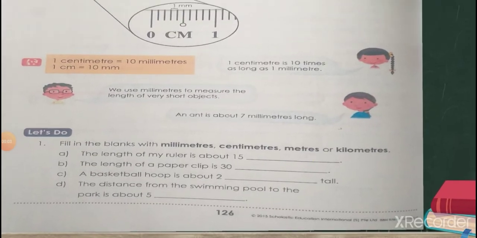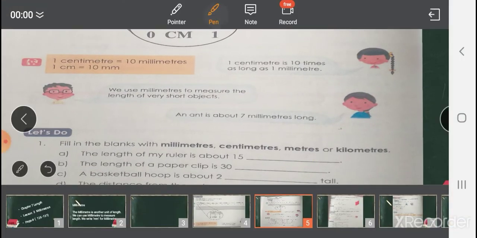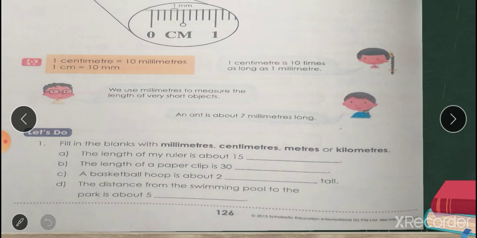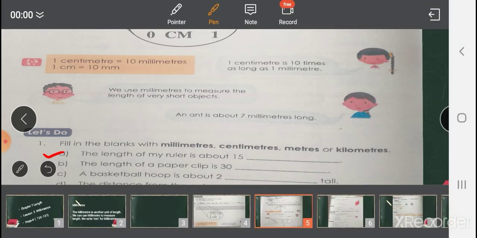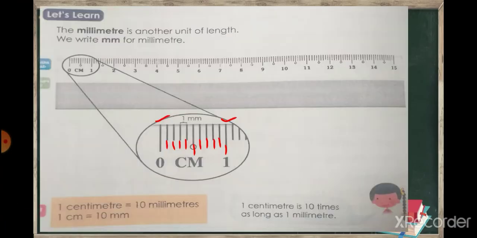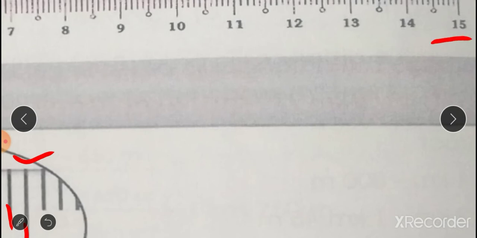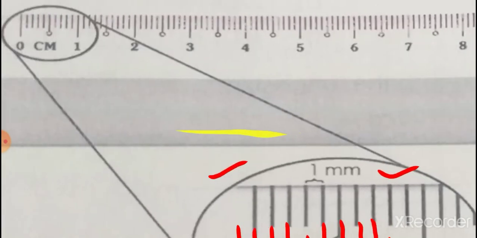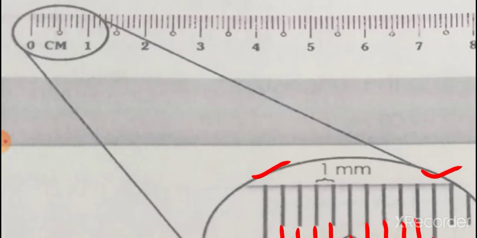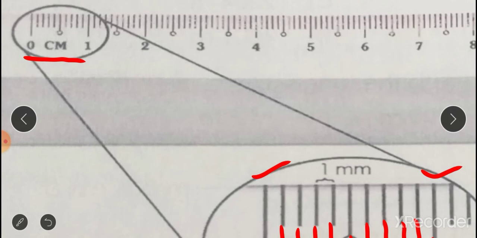Let's have this exercise. The first one I'm going to do for you. The rest you have to do yourself in your books. The first one is, the length of my ruler is about 15. Let's check. Here, can you see? There is 15, millimeter or centimeter? That is 15 centimeters.